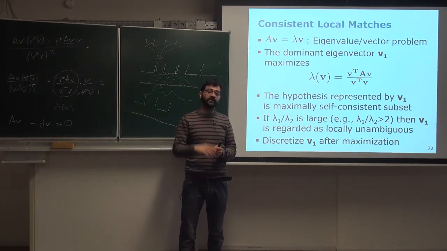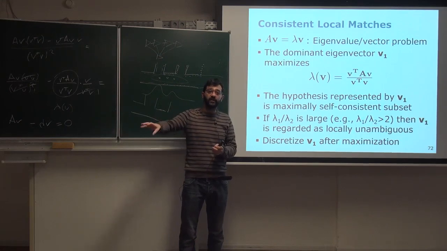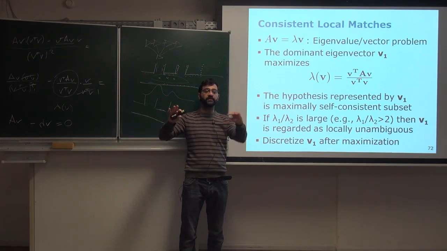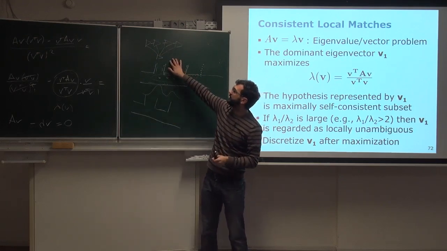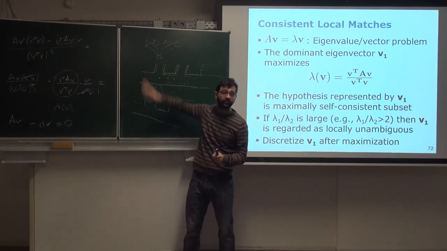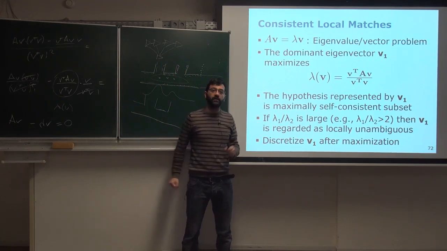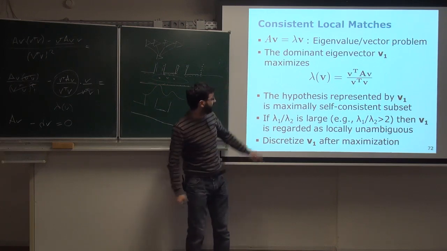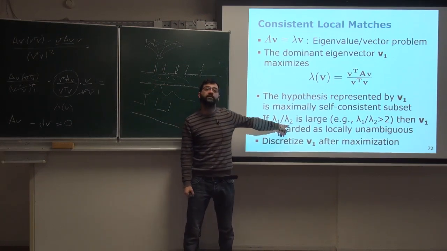Now, we also want to be sure that there is no picket fencing problem. So we want to be sure that the second best hypothesis is actually very low. Because if the first and the second best hypotheses are roughly the same, it means that they are very ambiguous locally. It means that this set of measurements can have two different solutions. They are all somehow the same, or they are both very highly likely. Okay? So we check the ratio between the first and the second eigenvalue.